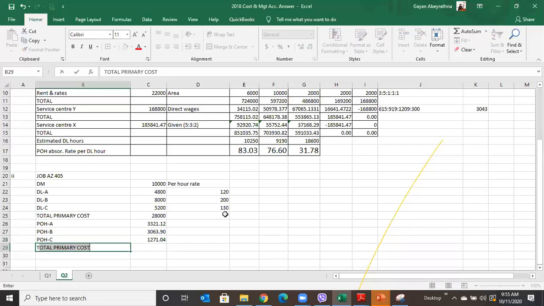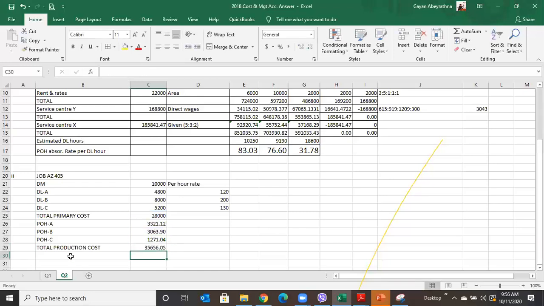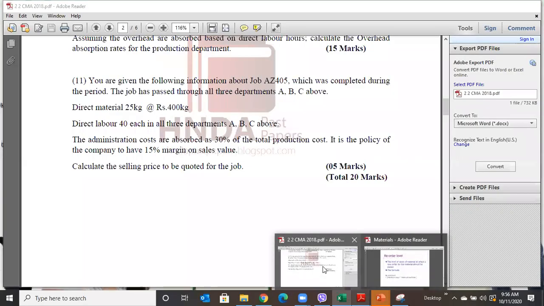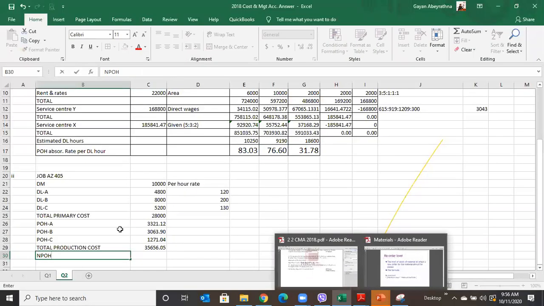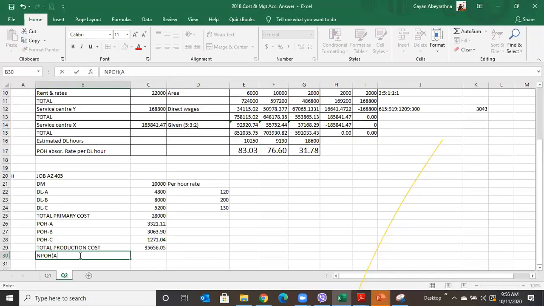Now we can get total production cost equals this one plus this one plus this one plus this one. Then non-production overheads for the administration cost, we can say it as admin cost.